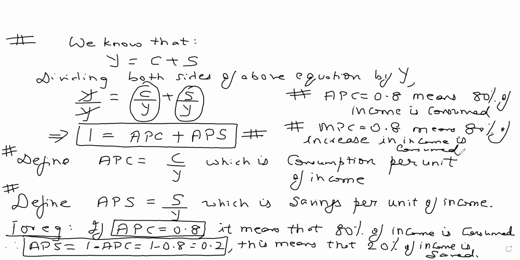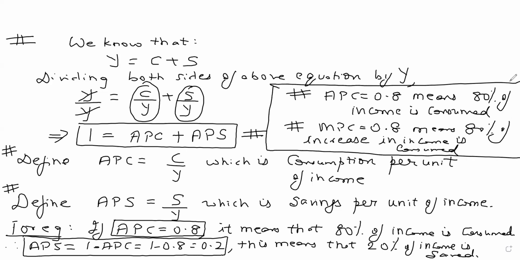So students should be comfortable with the difference between the interpretations. Remember, as economists, interpretations are very important. Students should not only be comfortable with the math part in my lectures, but you should also know how to interpret the results. So when I say APC is 0.8, 80% of the income is consumed.